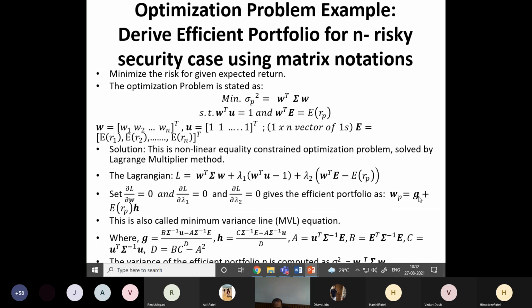So this equation WP equal to G plus ERP into H and then sigma P square equal to WP transpose sigma WP calculates the efficient frontier, right? We are specifying the expected return from the portfolio, and from that we calculate the corresponding risk of the portfolio. So I hope this is clear. And this equation is called MVL, minimum variance line equation.